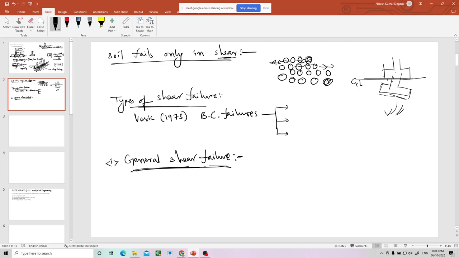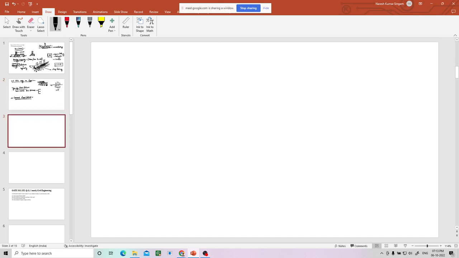So first I'll draw a diagram, okay. I'll go to next slide. General shear failure. Okay, let me draw the diagram first. Suppose this is ground level and let us take some depth.